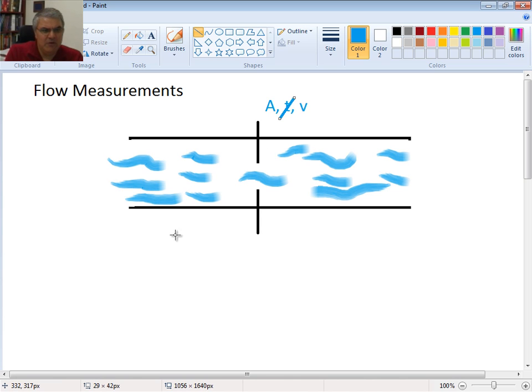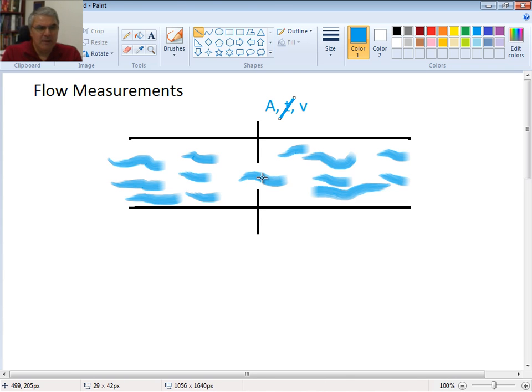A is the cross-sectional area of the opening, or the pipe in this case. We're talking about the opening, so A would be the cross-sectional area of this opening, and V would be the velocity of the fluid that passes through this particular point. Of course, as we reduce the cross-sectional area from upstream to the opening, or the obstruction that we cause here, the pressure and all that would be different.